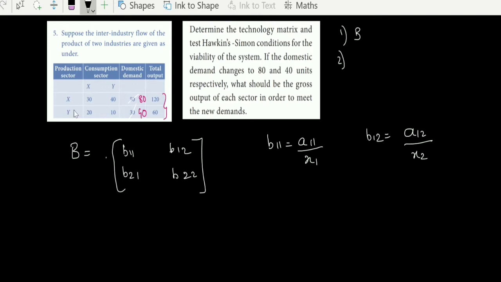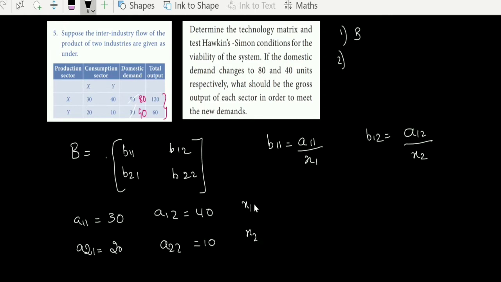So in matrix A, A11 is 30. A12 is 40. What is A21? The matrix A is given. A21 is 20. A22 is 10.